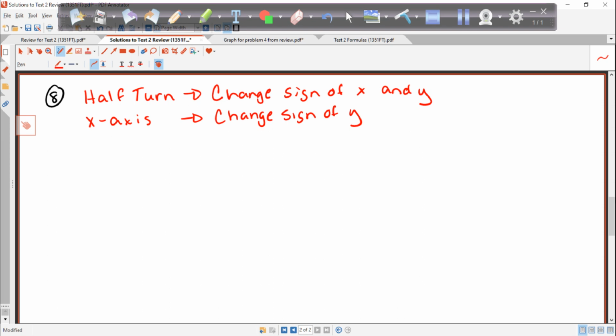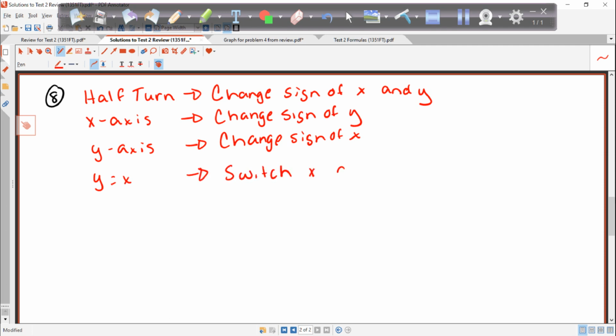So it's the opposite variable. To go over the y-axis, we're going to change the sign of x. And to reflect over y equals x, we're going to switch the order of x and y. And if you don't know why we did this, go back to your notes. In your notes, I went through each one of these and why that is the way it is.